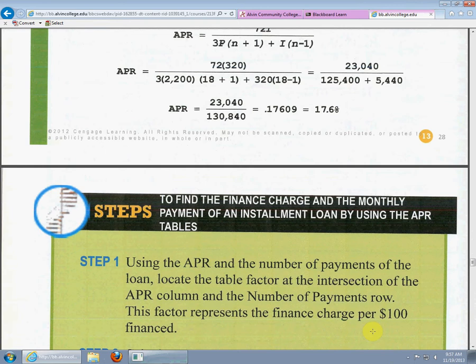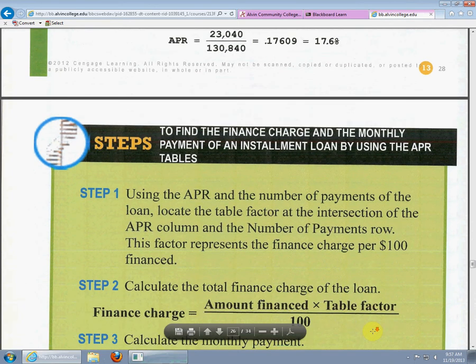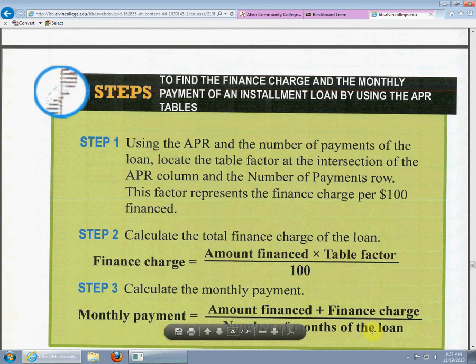Okay, the steps for this. Step 1 is using the APR and the number of payments of the loan, locate the table factor at the intersection of the APR column and the number of payment rows. This factor represents finance charge per $100 financed. Step 2, calculate the total finance charge of the loan.